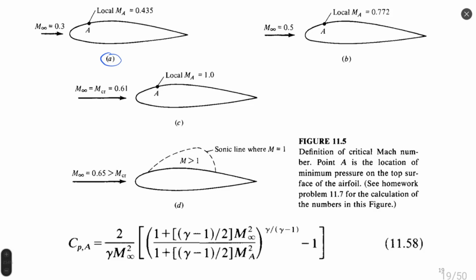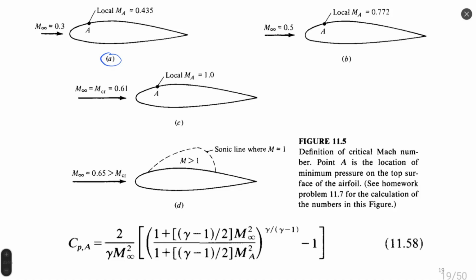We will have the highest Mach number there because pressure at this point would be the lowest possible, called the maximum Mach number, right? So the maximum Mach number for the airfoil shown in figure A is 0.435, where the infinity Mach number is 0.3.